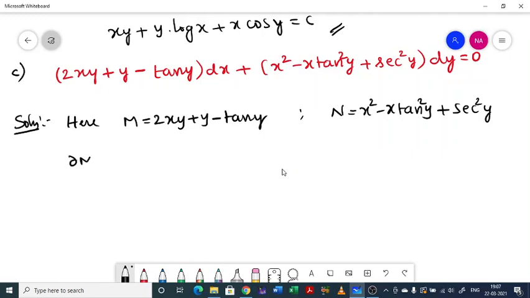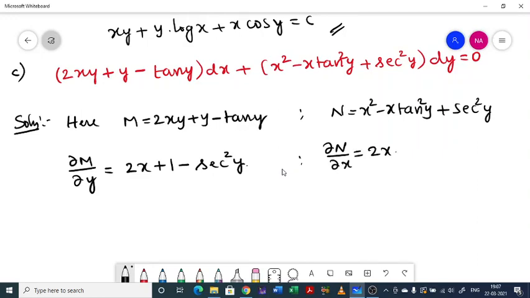So ∂M/∂y, differentiating with respect to y partially, is 2x + 1 − sec² y, the derivative of tan y. Here ∂N/∂x is 2x − tan² y, and differentiating sec² y gives 0.